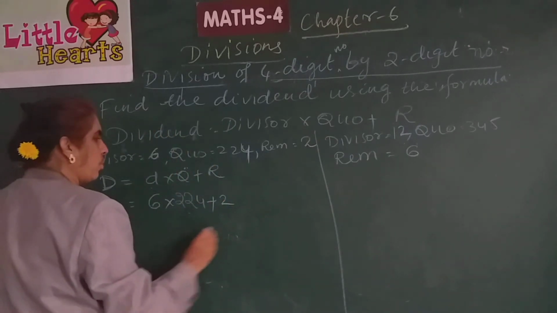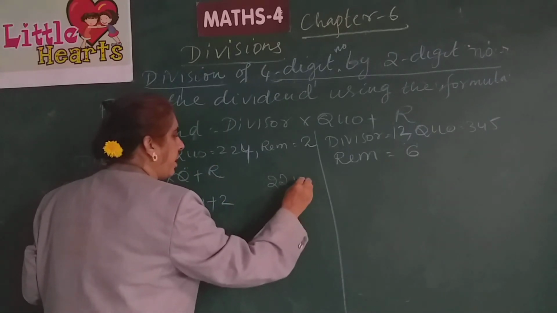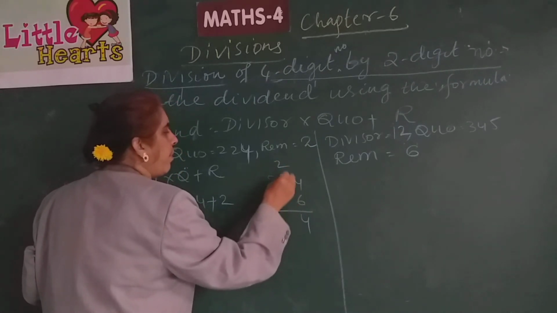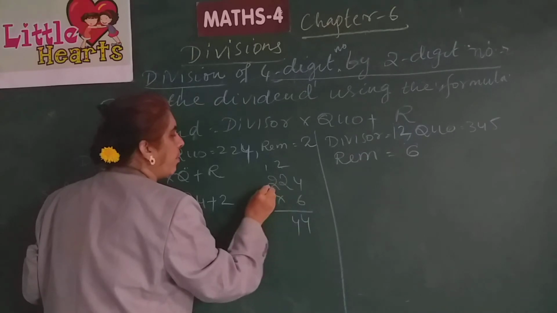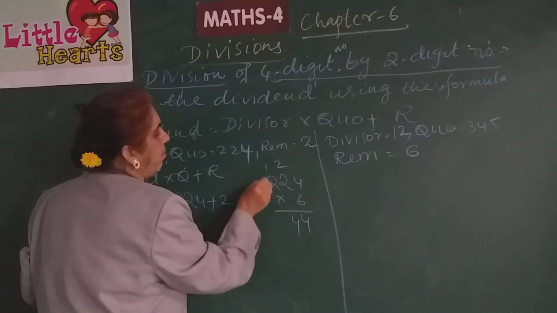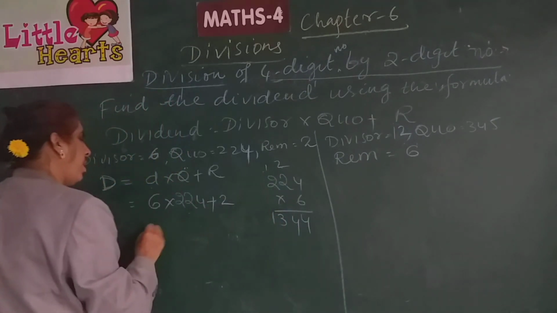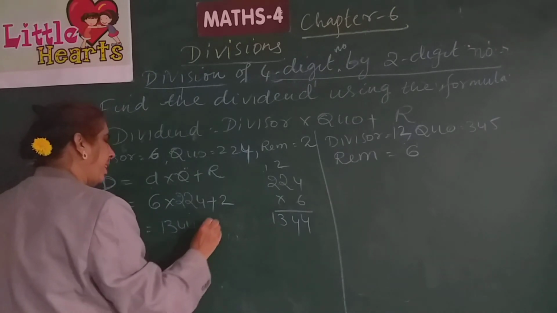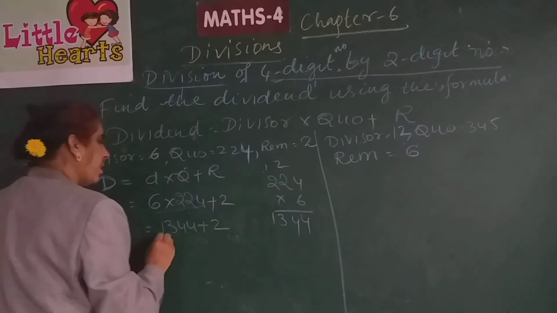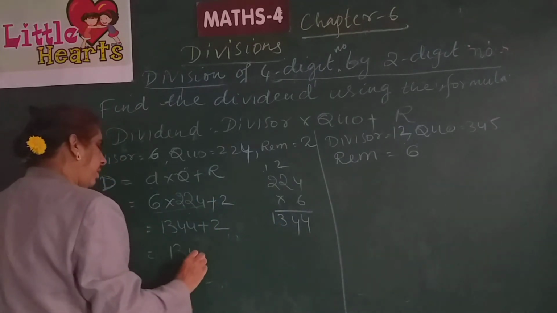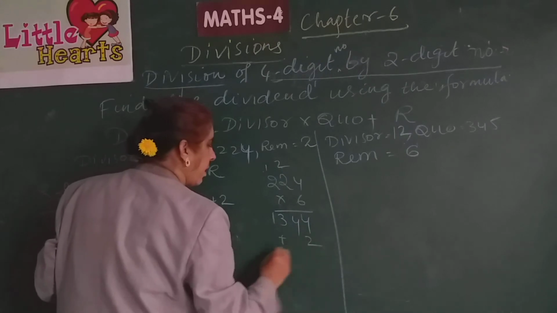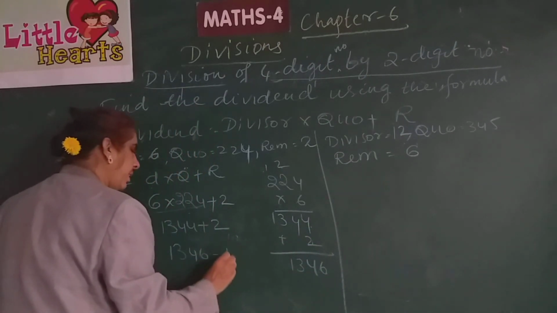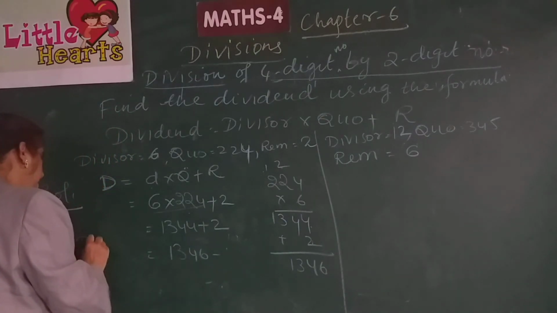Multiply these two first. 224 into 6. 6 4s are 24. 6 2s are 12 plus 2 is 14. 6 2s are 12 plus 1 is 13. 1344 plus 2 is 1346. This is the dividend we need to find.